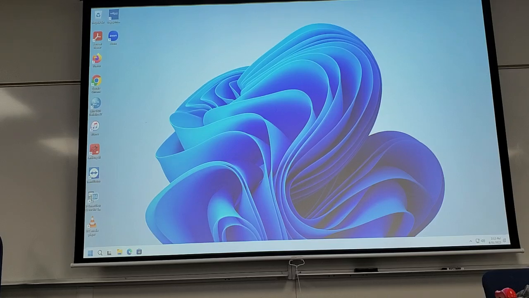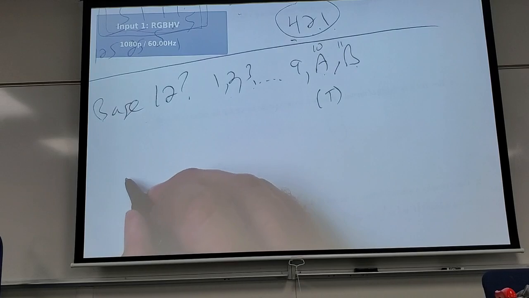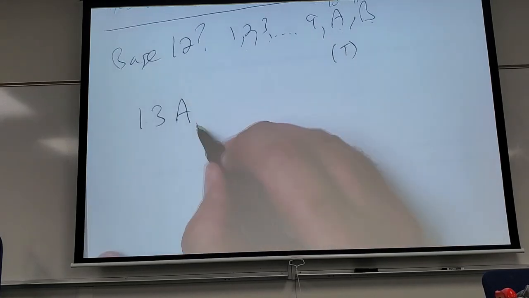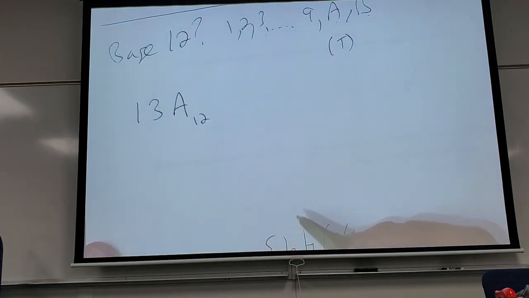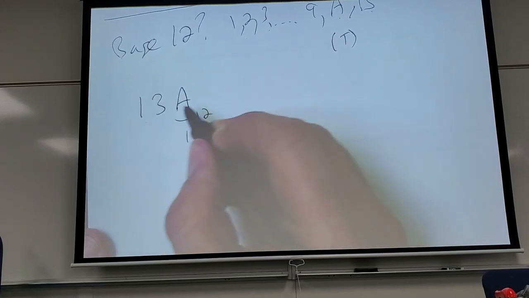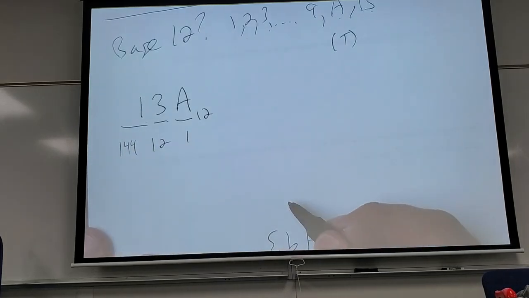So before I show you this, I'm going to give you a little problem in base 12. If I saw this in base 12, 13A base 12, what are the places? 1's place, 12's place, 144's place, right? Just multiply by the base each time.